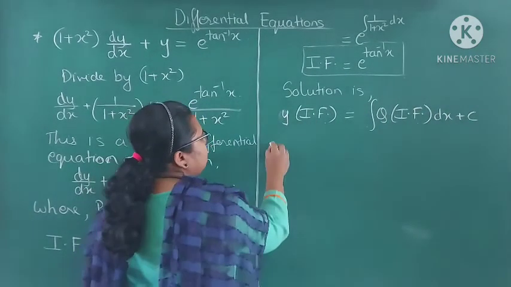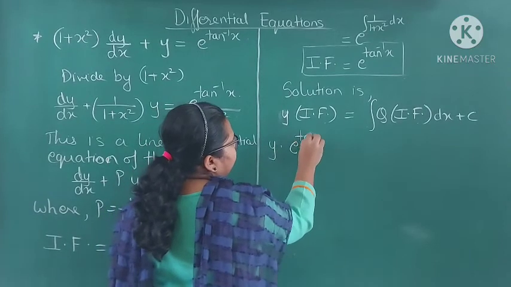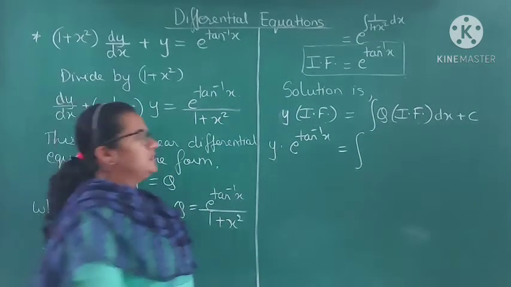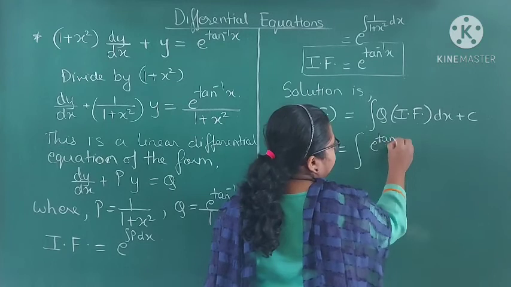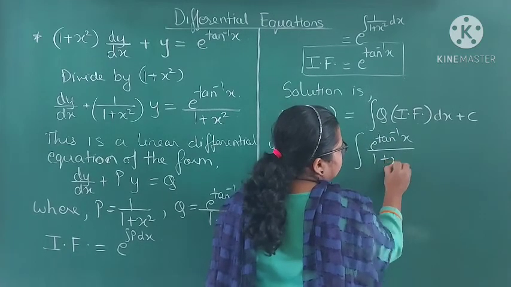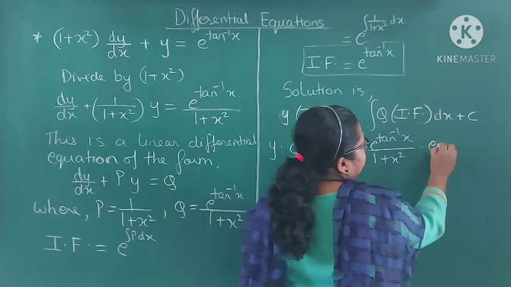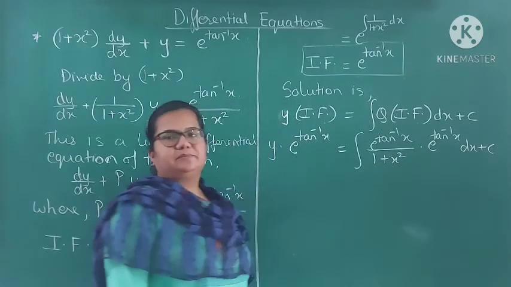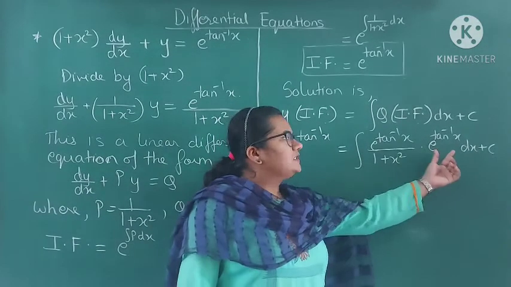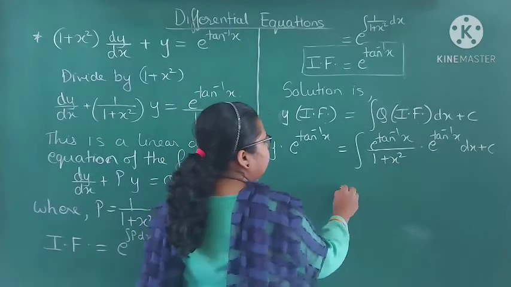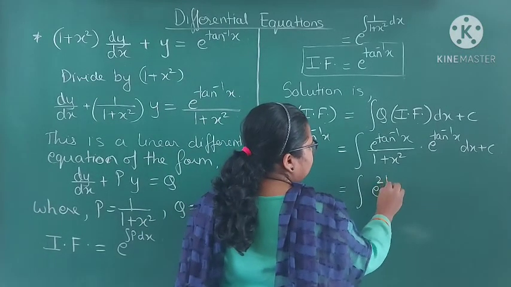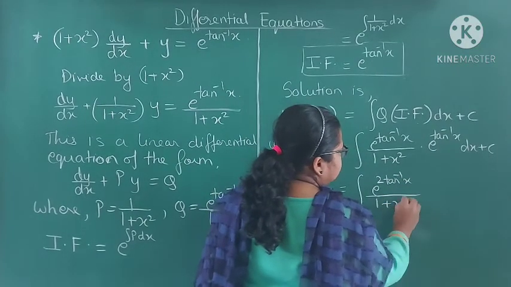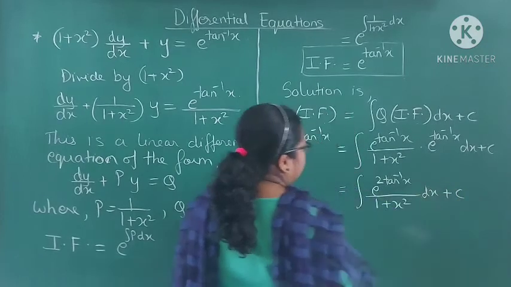Yes, so substitute the value of the integrating factor: y into e raised to tan inverse x equal to integration of q, which is e raised to tan inverse x upon 1 plus x square, into integrating factor e raised to tan inverse x dx plus c. So you have e raised to tan inverse x into e raised to tan inverse x, that means e raised to 2 tan inverse x upon 1 plus x square dx plus c.